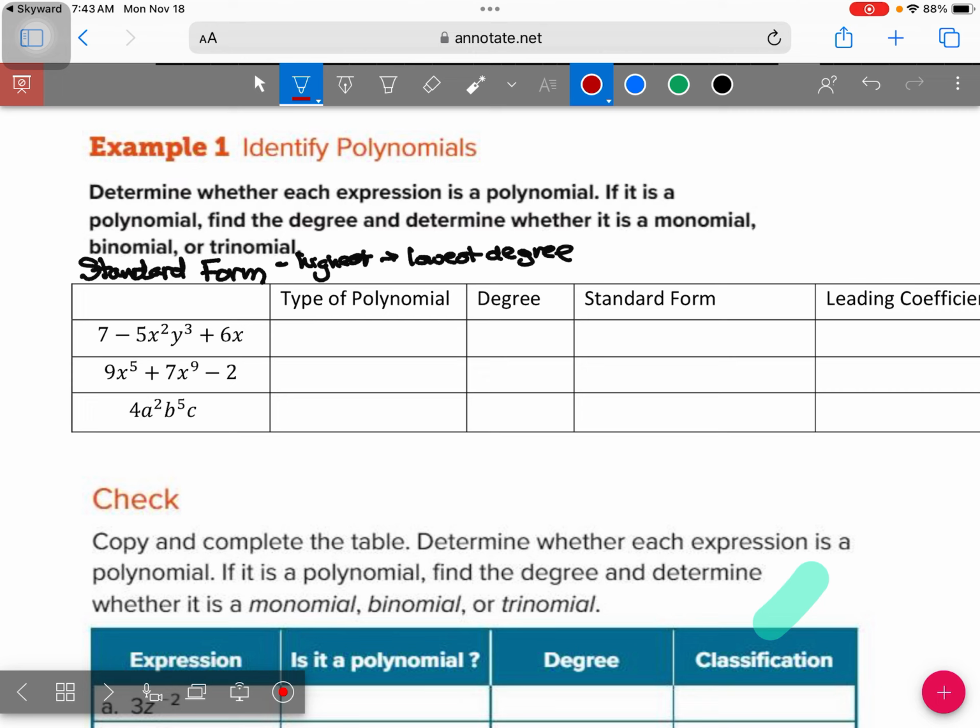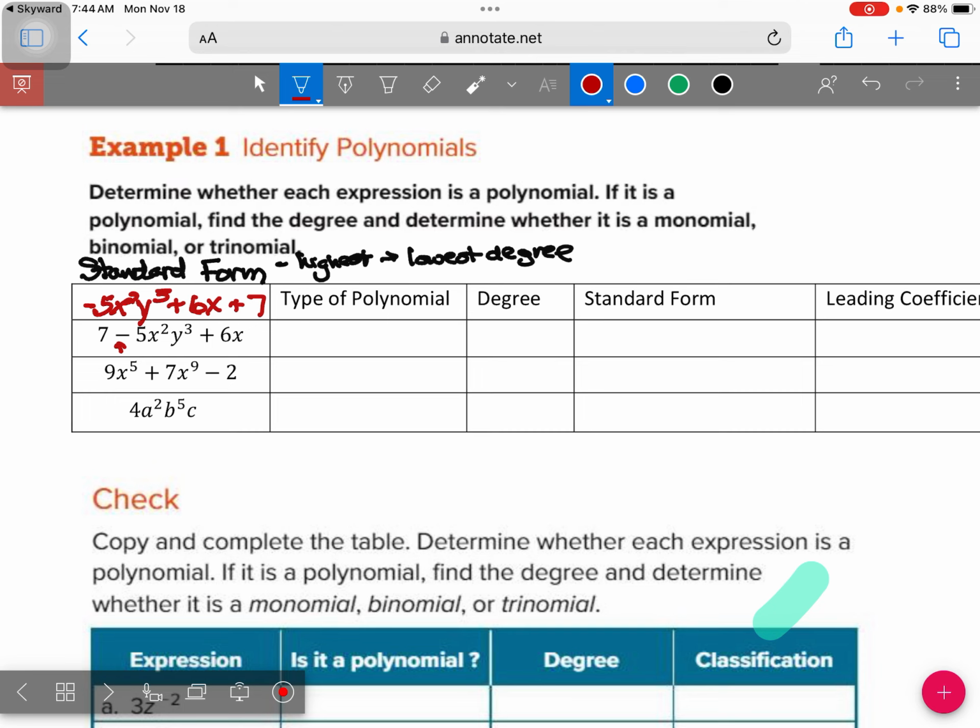Okay? Standard form. So for the first one, it says 7 minus 5x squared y to the third plus 6x. We're going to try to write it up above because there's not a lot of extra room. Which of these do you think has the largest degree or the highest degree? The first term, the second one, or the third? It's going to be the second one. So I need to take this and say negative 5x squared y to the third plus 6x plus 7. We just put that in standard form. The type of polynomial.